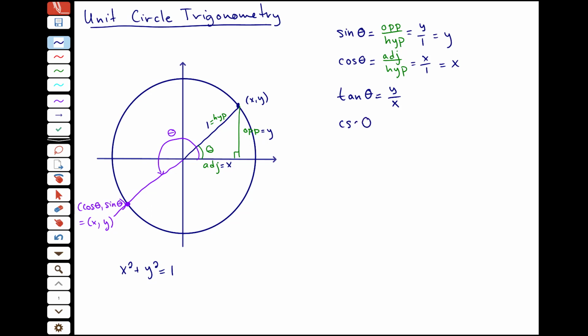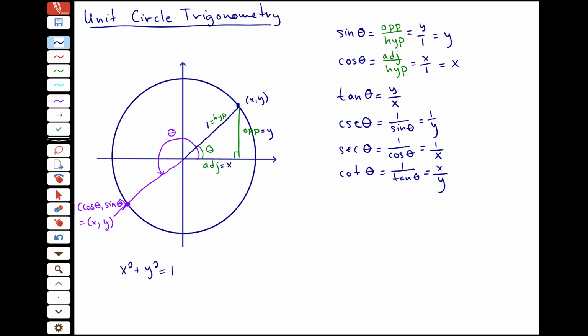Cosecant of theta, which is 1 over sine theta, is going to be 1 over the y coordinate. Secant of theta is 1 over cosine theta, which is 1 over the x coordinate. And cotangent of theta, which is 1 over tangent of theta, is the x coordinate divided by the y coordinate.